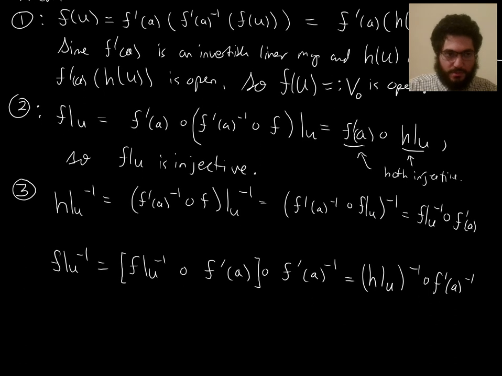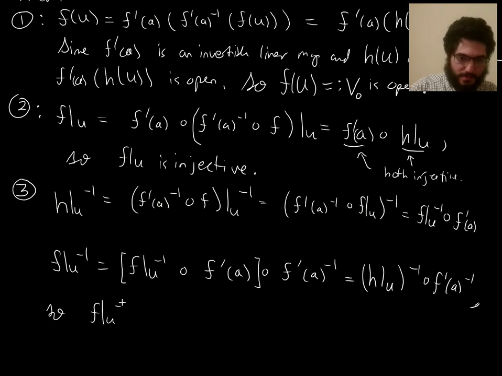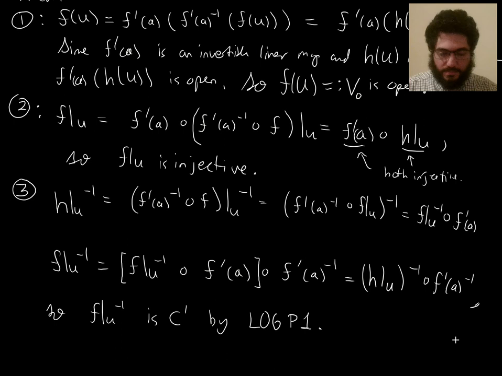So due to the first video of today's lecture, the composition of C1 maps is C1, this is C1, by, let's see, it was lecture 6, part 1. All right, so I think that proves the claim.